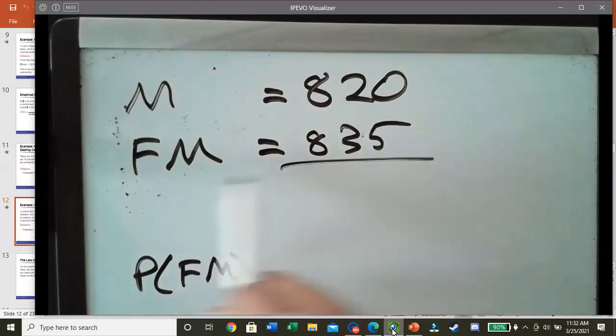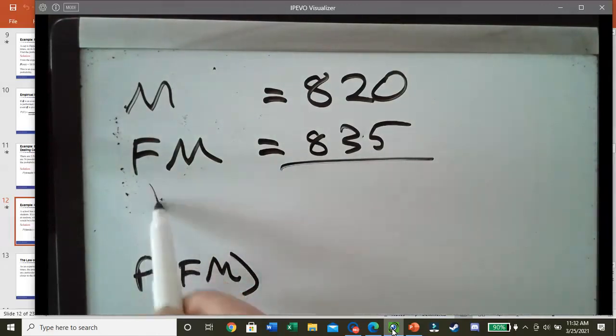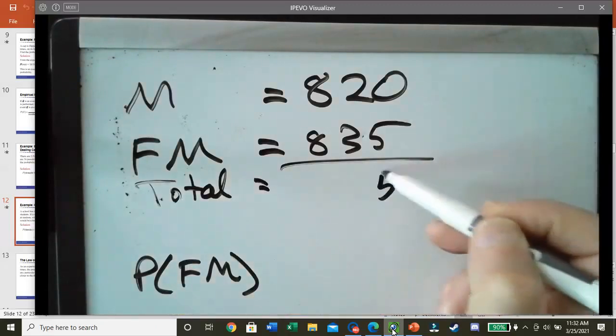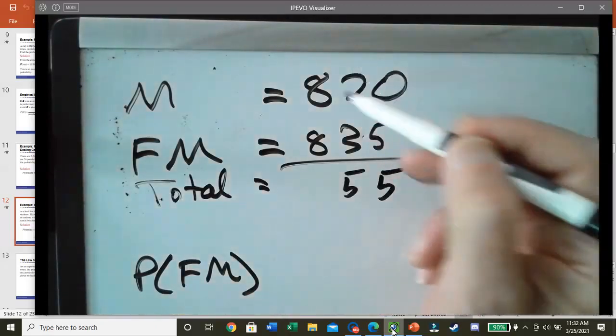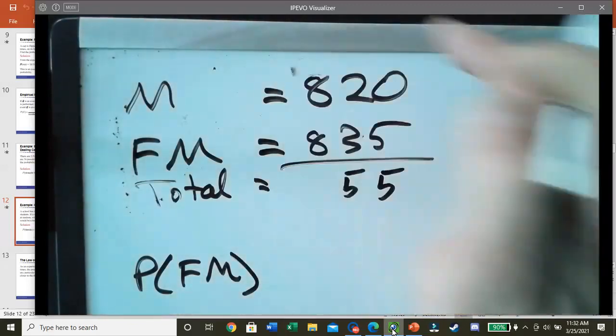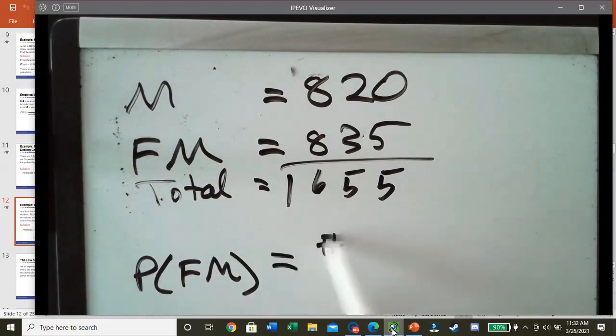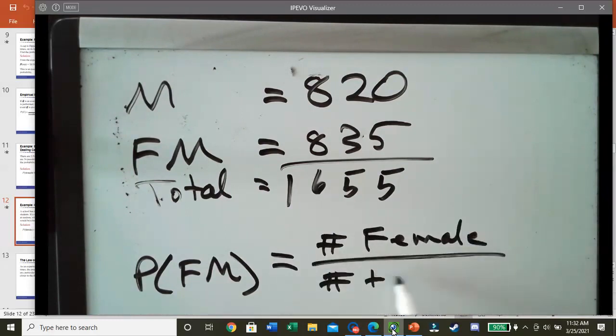Well, we need to do what first? Find the total, right? So that'd be 5 and 5, 8, 16. So that's 1655. So we want the number of females over the total.